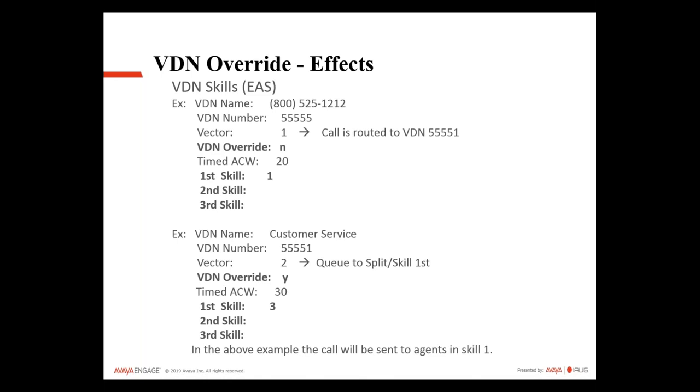So in our world, the calls kind of flow through and everything is pretty standard. So I leave the VDN override as no on the main, and that's where I set all of my VDN variables and things like that. One thing to keep in mind is if you're doing any prompting in your main VDN and you're putting VDN variables there, then you're going to want to set that VDN override to yes, because when it goes off to either place that it goes to, you're probably going to want a different VDN variable set to be active.